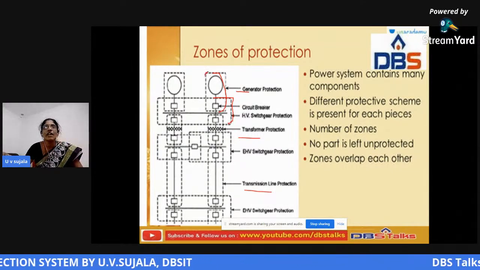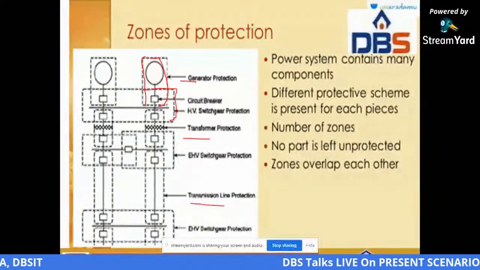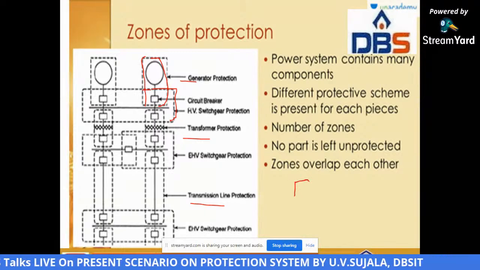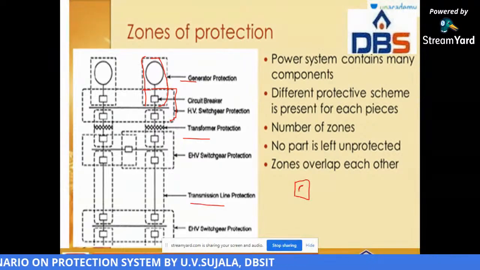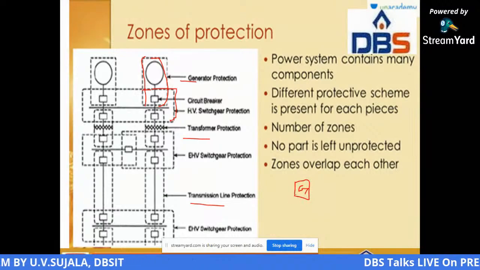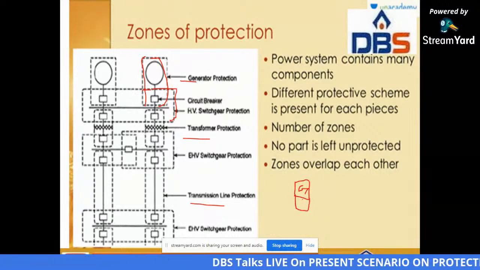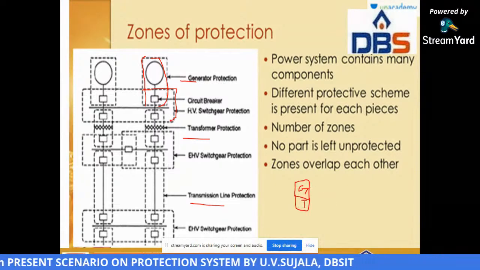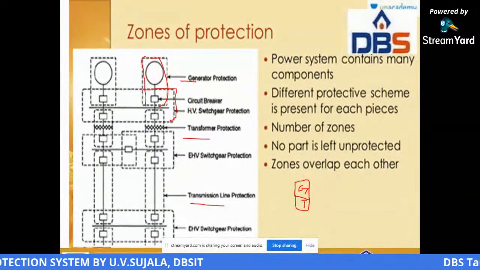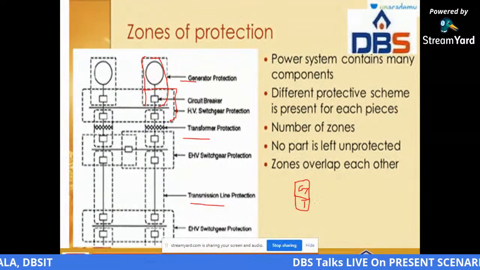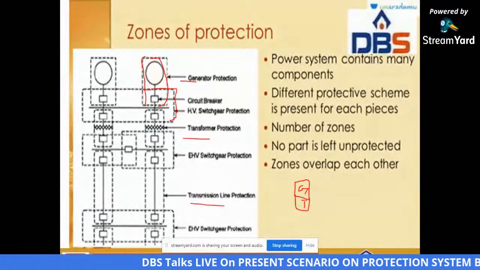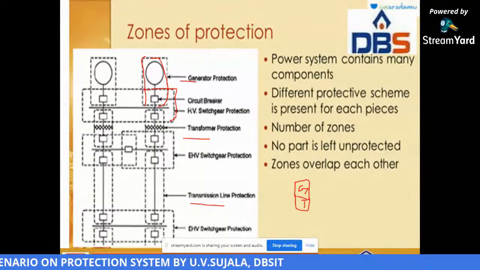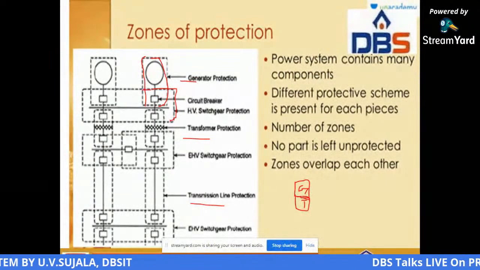So here it is one protective zone and it is another protective zone. Why have we taken it like this? Suppose this is a generator and this is a transformer. The generator has a separate protection zone and the transformer has a separate protection zone. Whenever the fault occurs in the generator, the transformer will be protected. Suppose the fault is at the boundary of the system, I get the fault here.